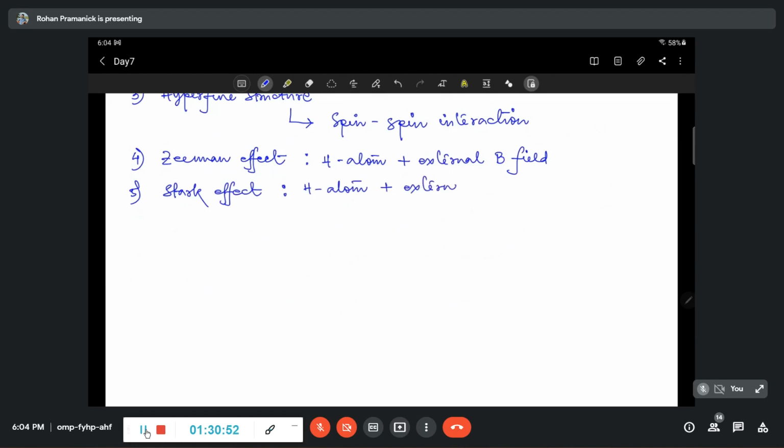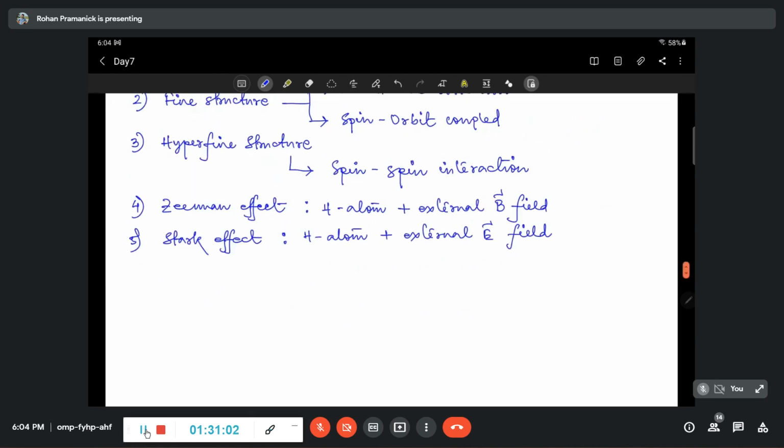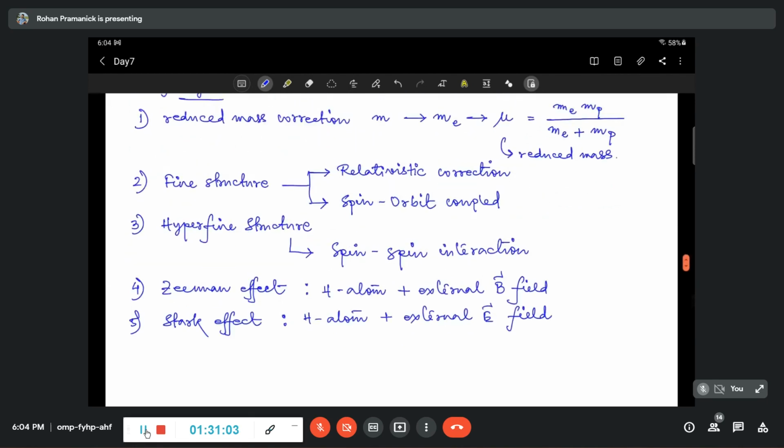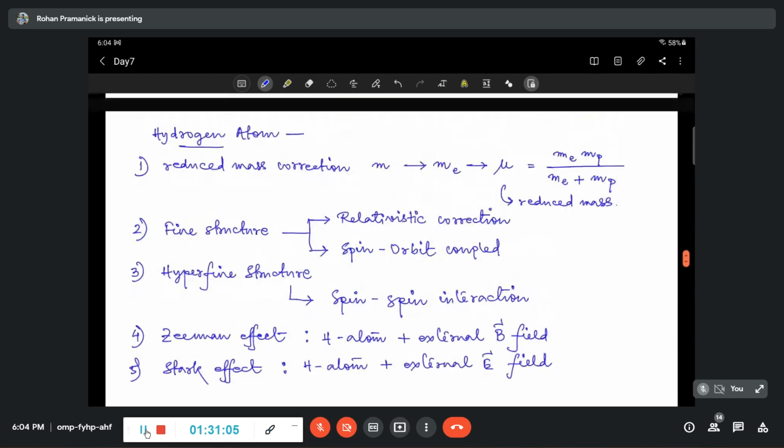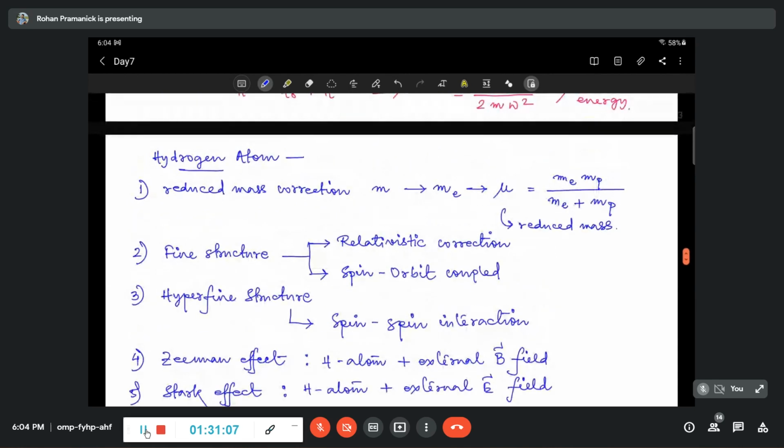So these are all the possible perturbations. Last two things, Zeeman and Stark, are external, and the first three are more severe because they are present, but we have not taken them into account while solving this.